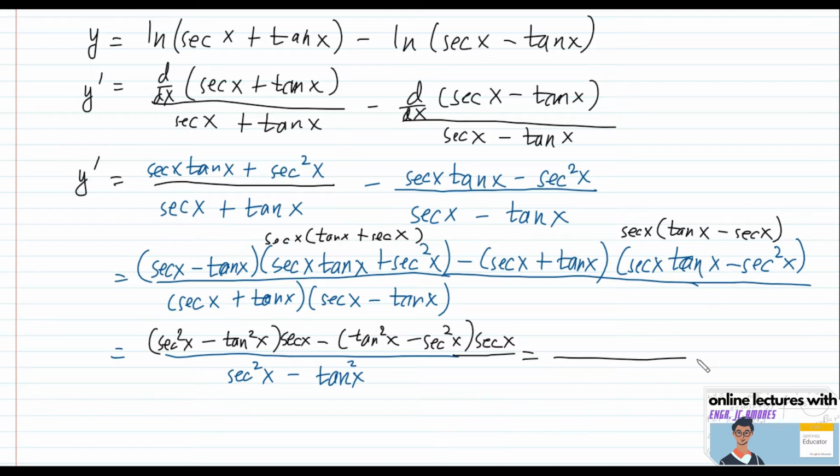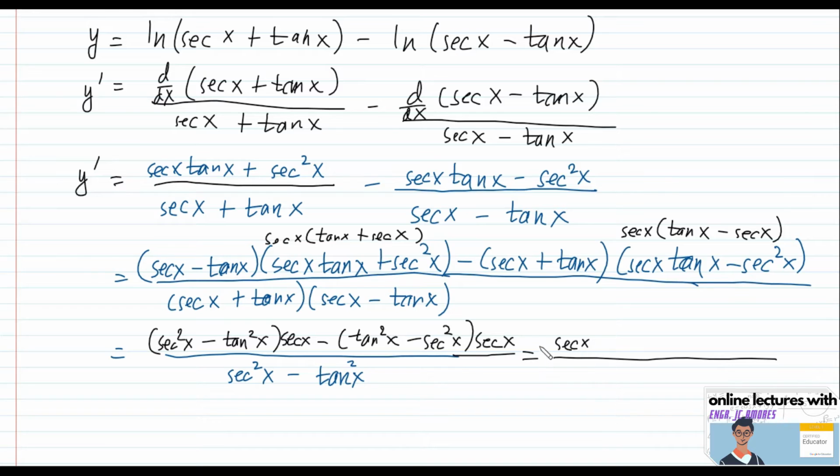So we can factor out secant x, and actually this term and this term are basically the same. If you distribute the negative here, then this will be secant square x minus tangent square x. So these are two similar terms.